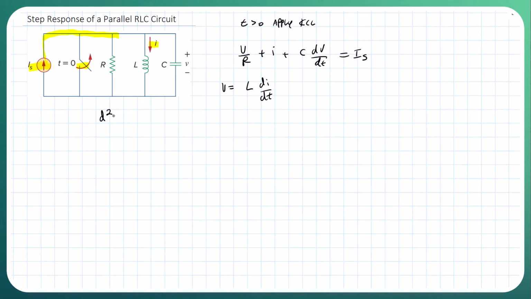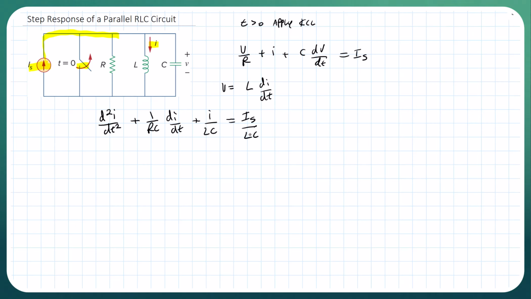So d squared I over dt squared plus 1 over RC di dt plus I over LC is equal to IS over LC.